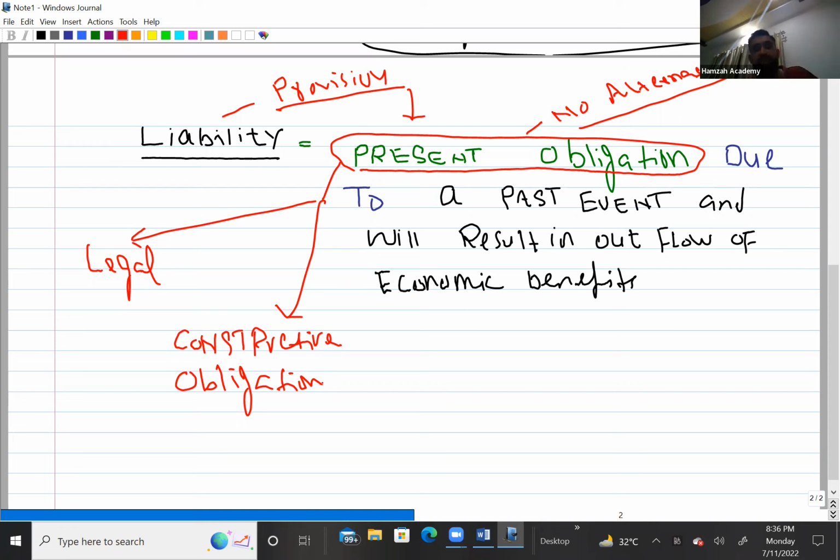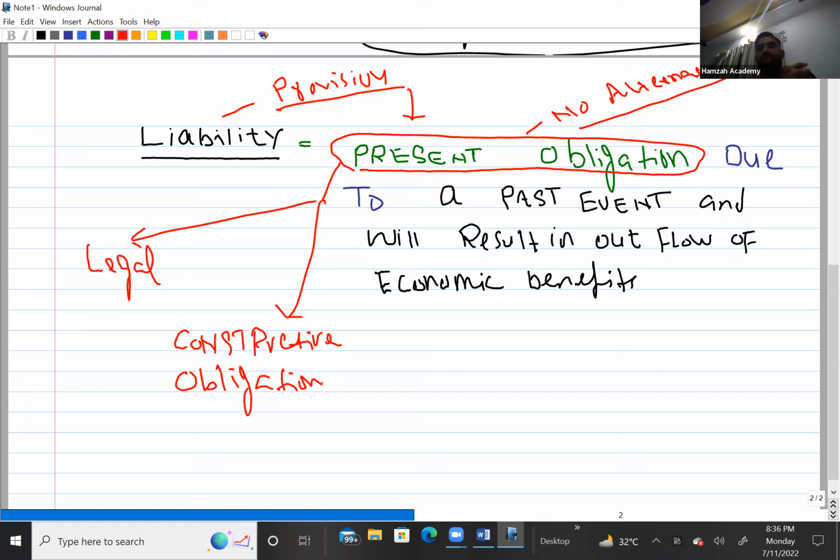They are an environment friendly company, so it has created the expectation. They are not obliged by the law, but they are obliged by their own stated policies. Such obligations are known as constructive obligation. And in IAS 37, whether it is a legal or a constructive obligation, it means obligation.